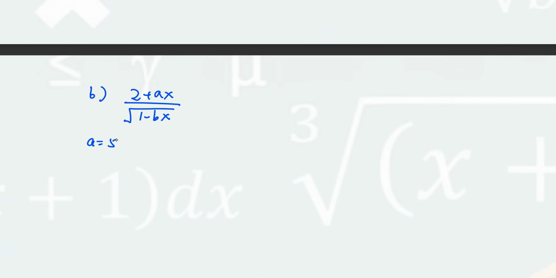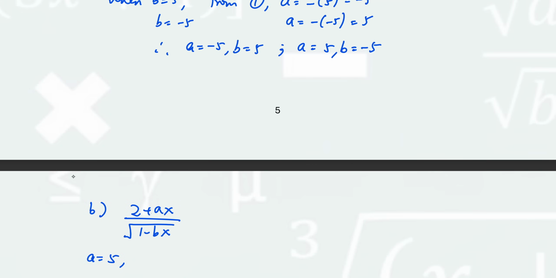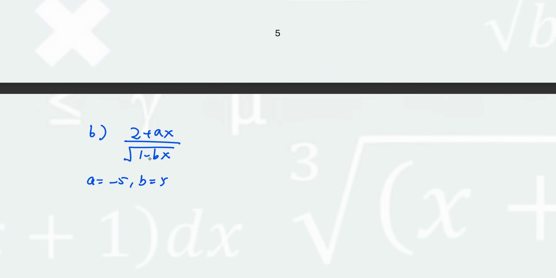So when my a is minus 5, b is 5, let this be fx. So my fx is 2 minus 5x over square root of 1 minus 5x. Okay, so this is when a equals to minus 5 and b is 5.